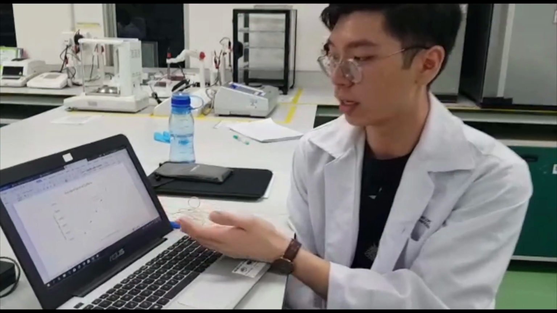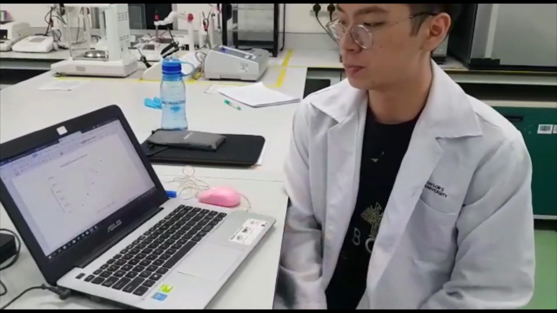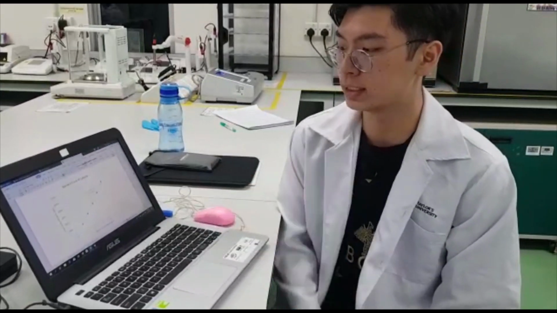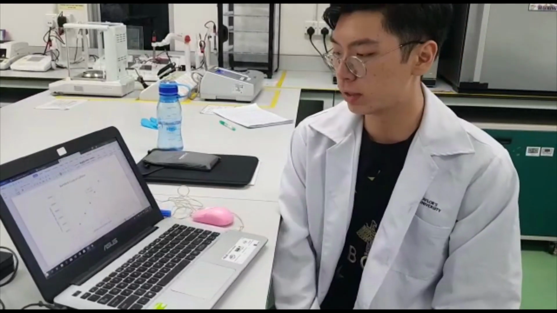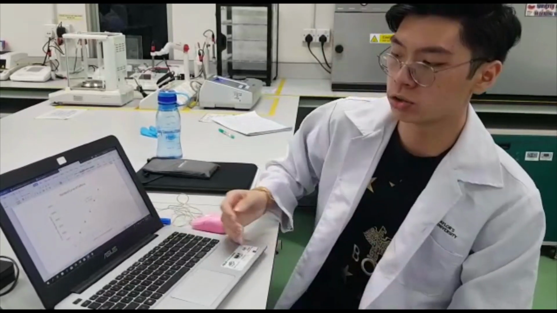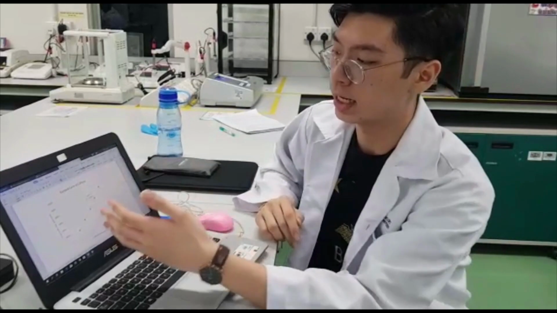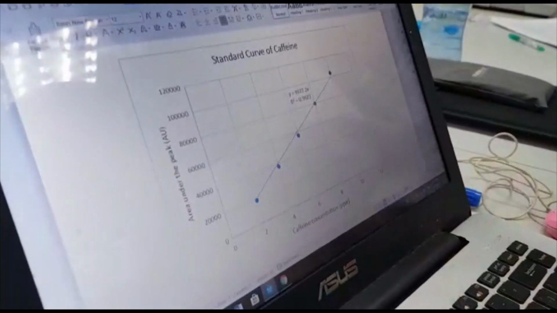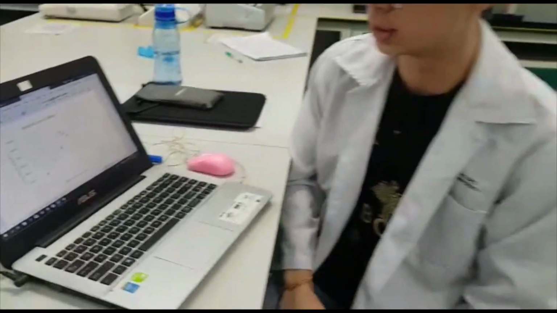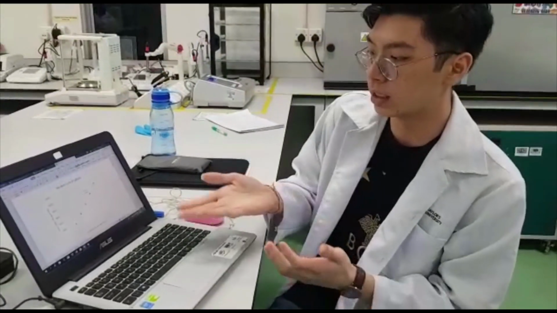The standard curve of the caffeine that we obtain from the HPLC analysis through Microsoft Excel shows that this obeys the Beer's law, where if we increase the concentration of that particular solution, it will also increase the absorbance. But in this case, because we are using the HPLC, we are measuring the area under the peak instead of the absorbance. Since we get a linear regression line, everything is fine.